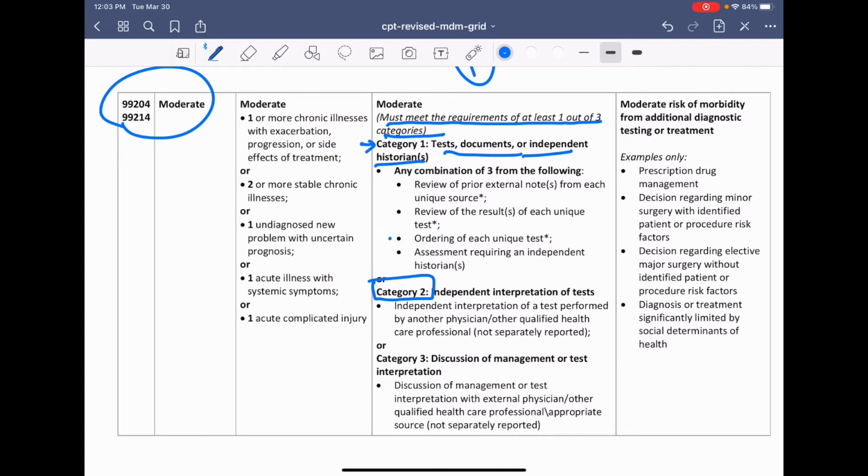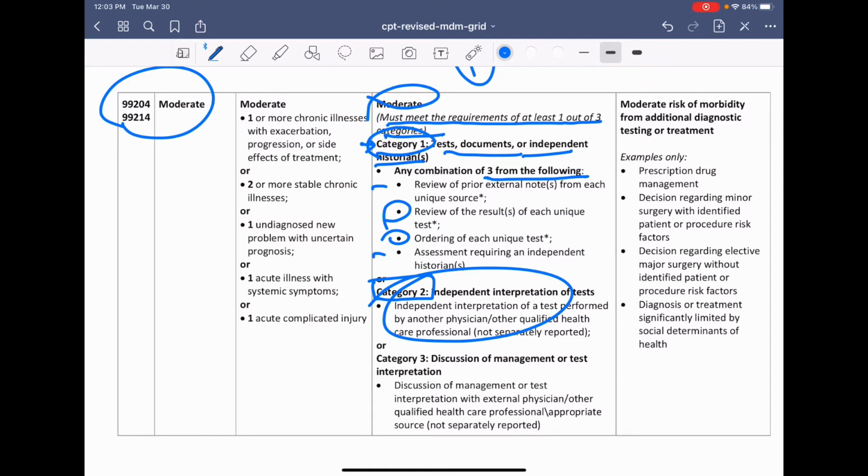So when you order a test, you get it, or when you review a test result, you get it. And then there's two other little bullet points here. But it takes 3 from category 1 to get moderate. It only takes 1 from category 2 to get moderate.